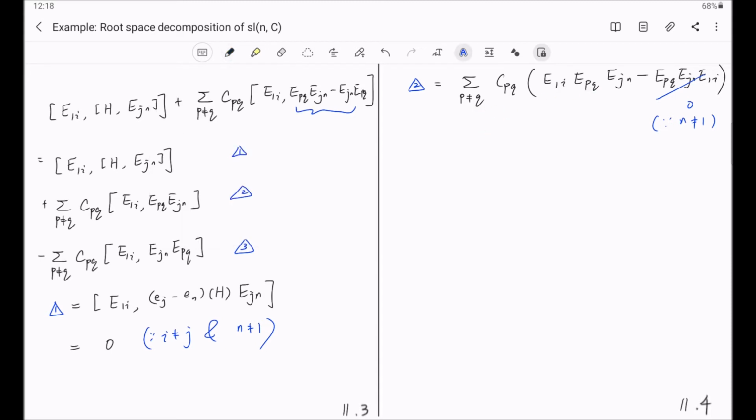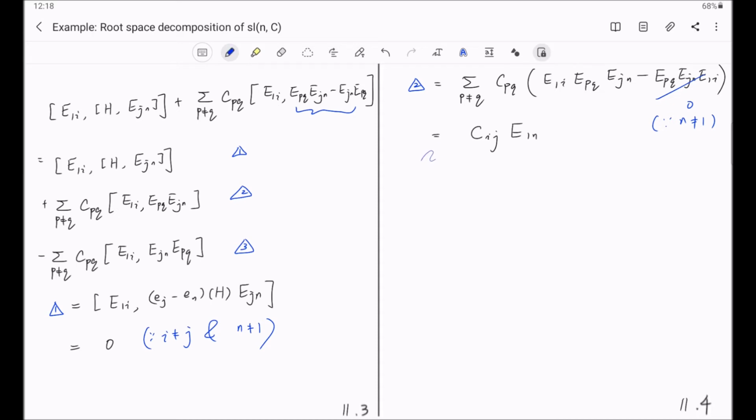And this first part will have a non-zero term, which is the case when p is equal to i and q is equal to j, in which case this product of three things will be just E sub 1n.